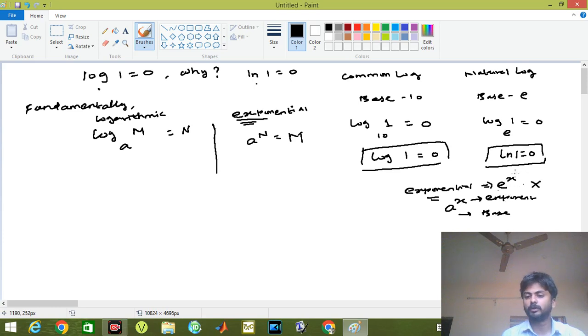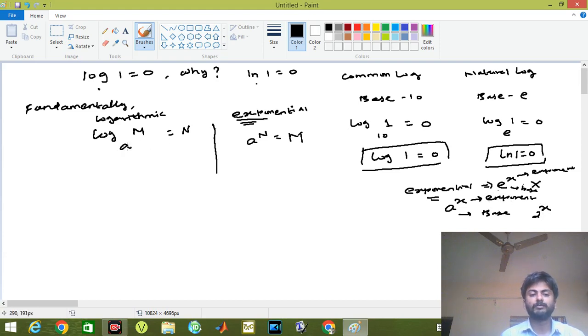Here also in the same way, this x is the exponent, this e is the base. So not only e power x is an exponential function, a power x is also an exponential function, even 2 power x is also an exponential function. Okay, now again we are coming here.